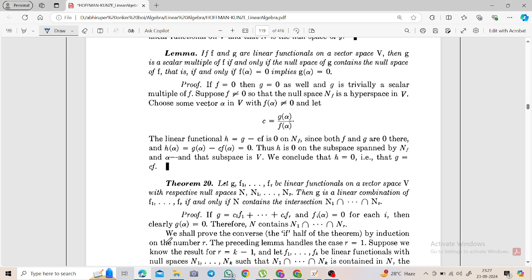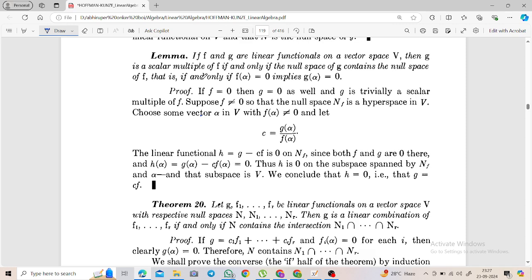Okay. So next, if f and g are linear functionals on a vector space V, then g is a scalar multiple of f if and only if the null space of g contains the null space of f. That is, if f(alpha) is 0 implies g(alpha) is 0.